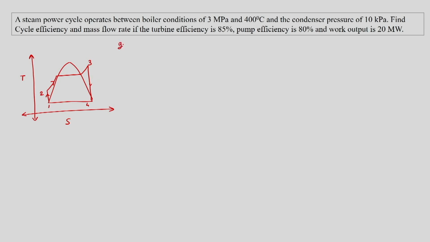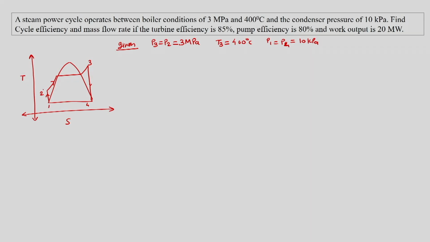So the given things for us are P3 is equal to P2 is equal to 3 megapascal, T3 is equal to 400 degrees Celsius, and we have P1 is equal to P4 is equal to 10 kPa. But now we are told that the pumps and turbines are not ideal.